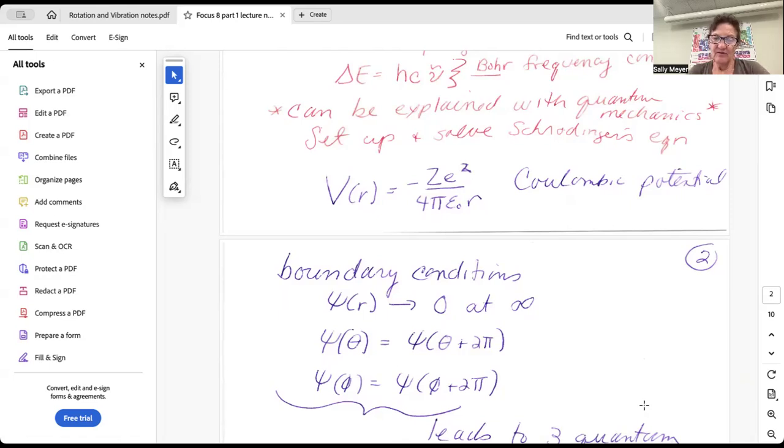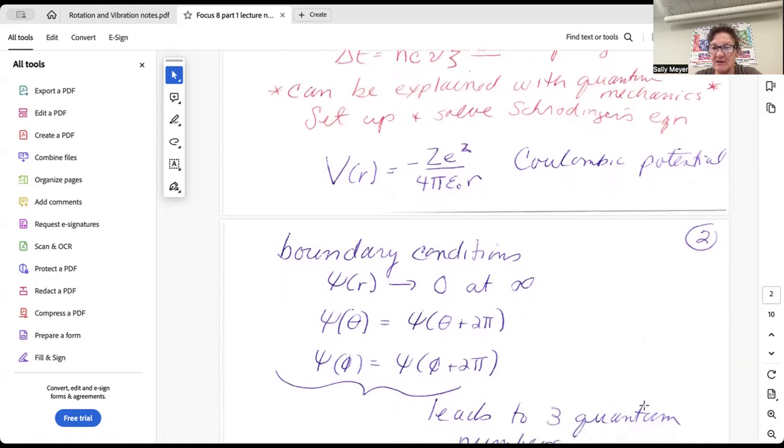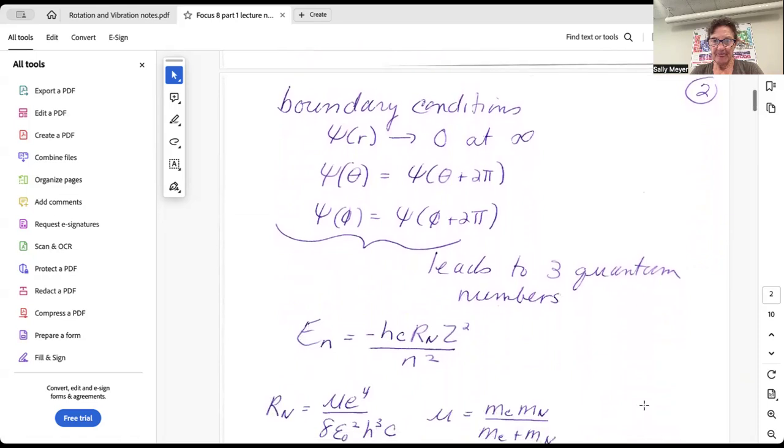So the wave function at some angle theta has to be equal to the wave function at that angle plus 2 pi, and the same thing for the other angle. The wave function at phi has to equal the wave function at phi plus 2 pi. So each one of those 3 will give us a quantum number, which is a result of those boundary conditions having to be met.